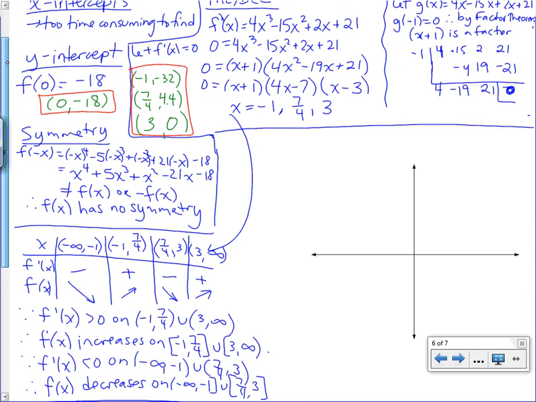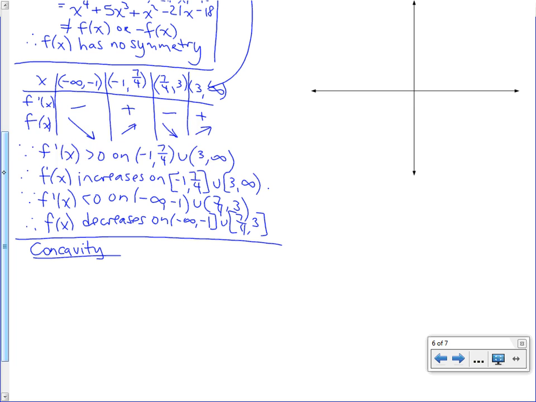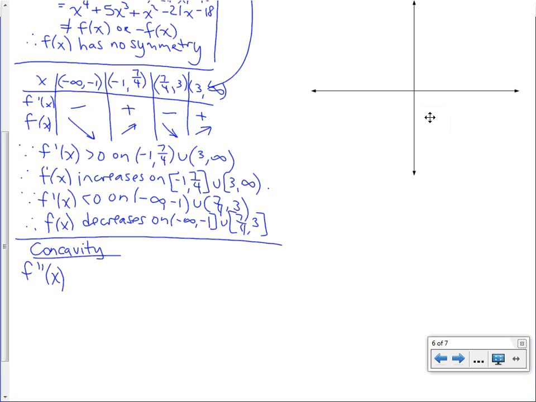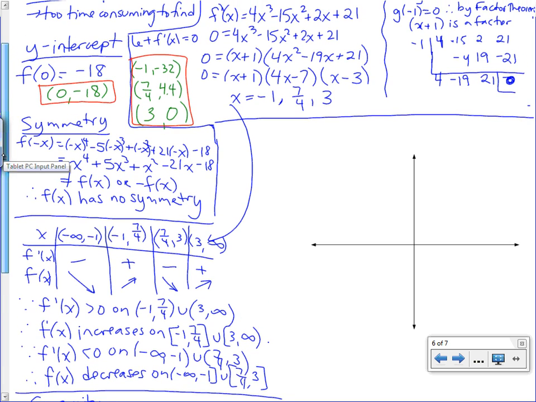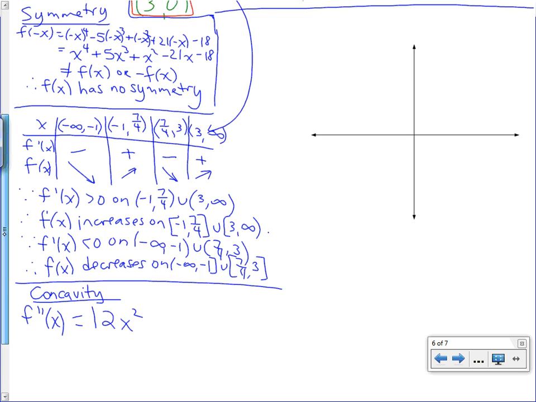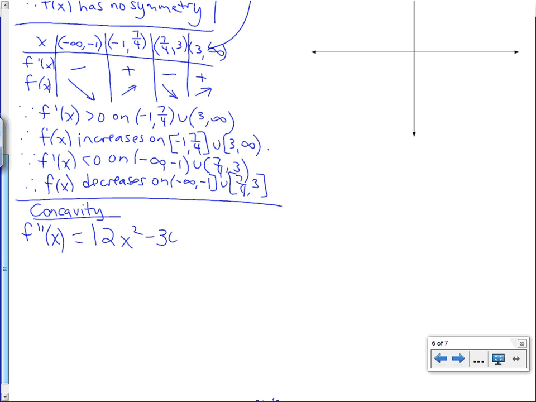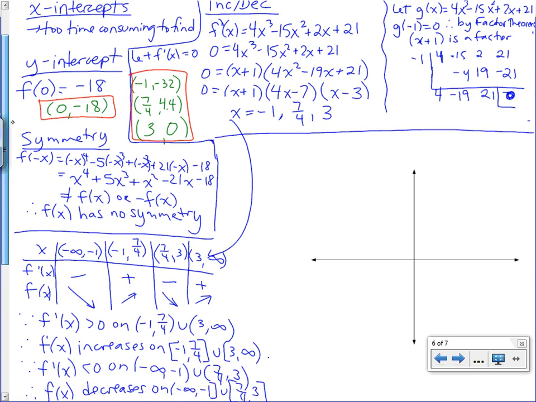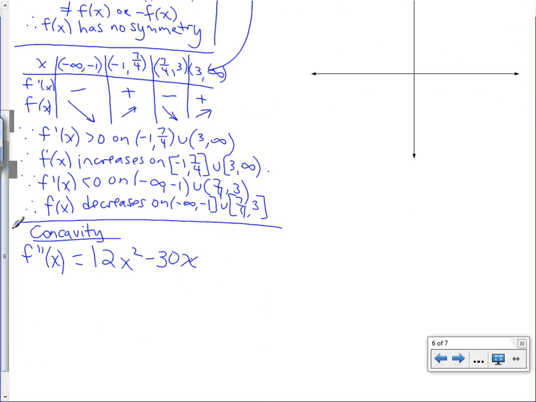So derivative of 4x cubed is 12x squared. Derivative of -15x squared, -30x. And derivative of +2x, +2, derivative of 21. Okay, so there it is.